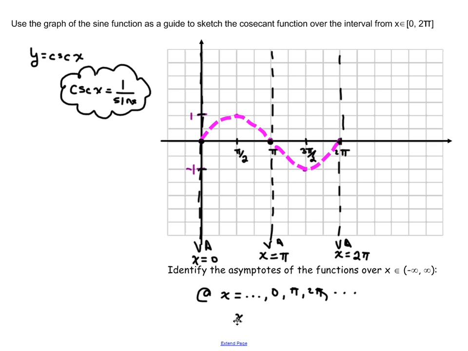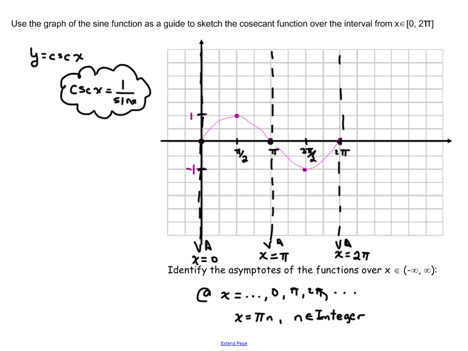Another way of stating this is that x is equal to n times pi, where n is any integer. Okay, so while that is the graph of my sine function here, I'm going to shrink this down just a little bit, so my sine graph is lightened up a little.